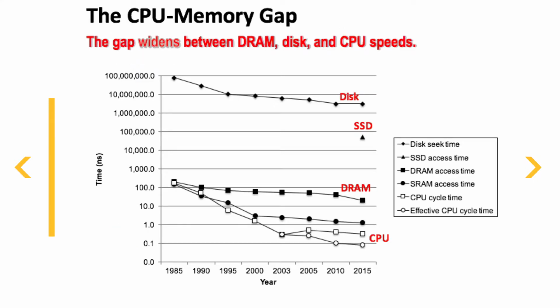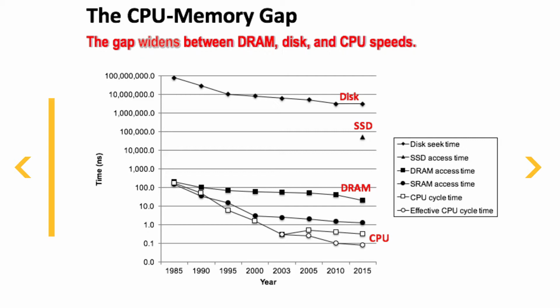Now, this graph shows 20 years of the various speeds of spinning hard disks, solid-state drives, dynamic RAM, static RAM, and CPUs. As we'd expect, they're all getting faster over time, right?